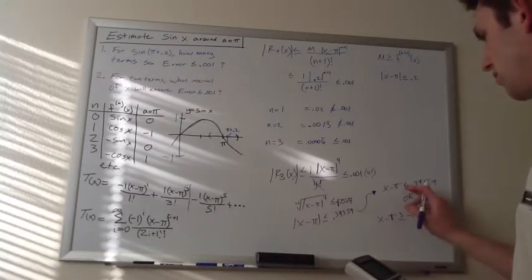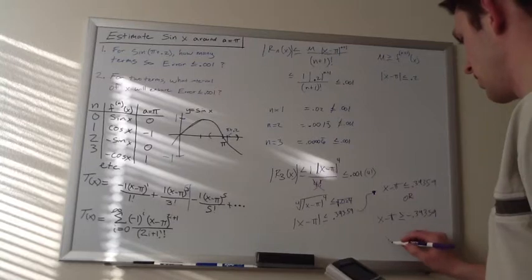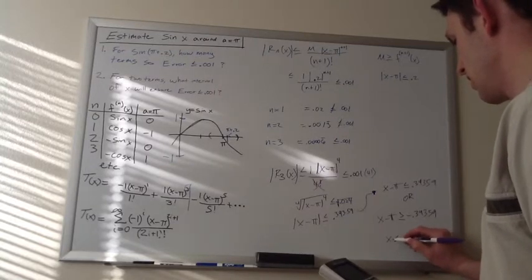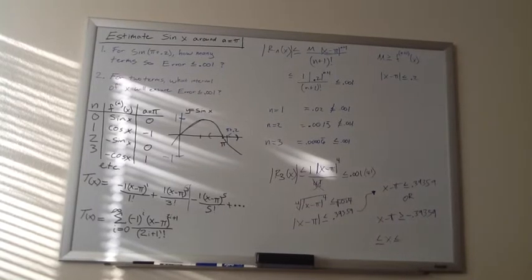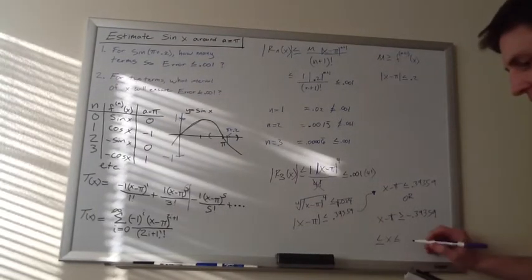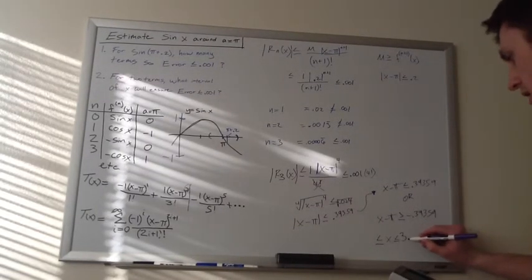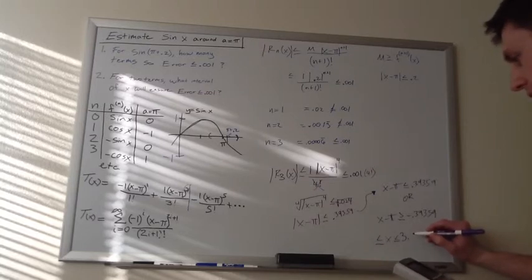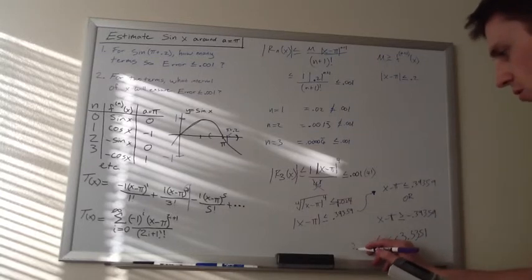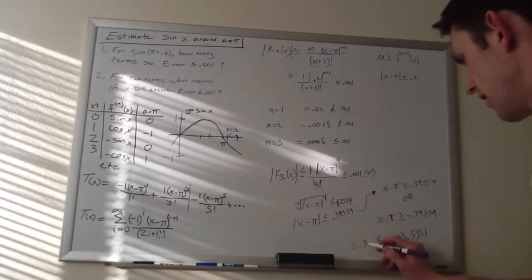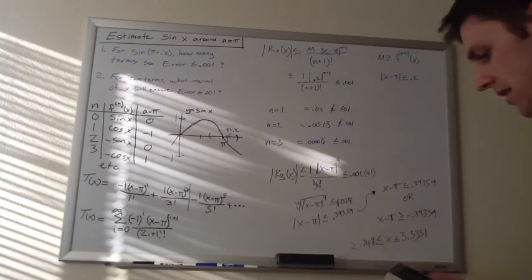And if I solve both of those equations, then I'm going to get an interval for x. x needs to be between, let me calculate that on my calculator. Okay, so solving this one, I have x less than or equal to 3.5351. And on the bottom, 2.748.